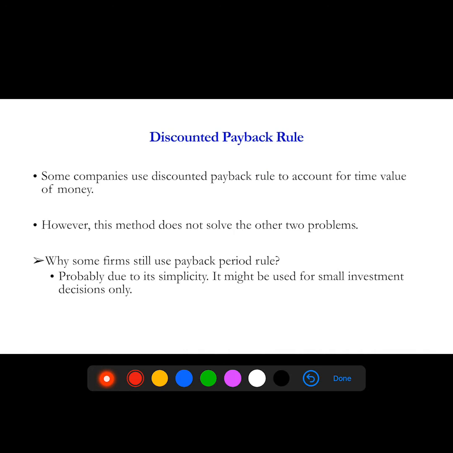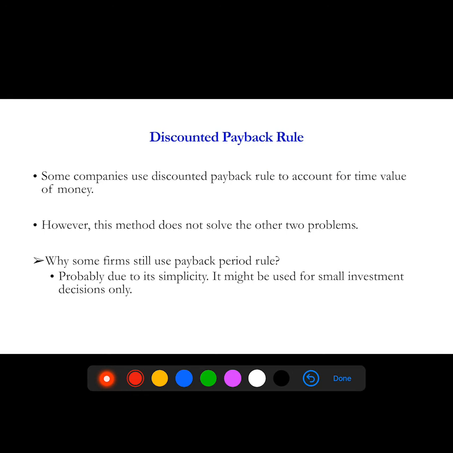But it could not solve the other two problems: first, the payback period is random, and also the payback rule ignores any cash flows happening after the pre-specified length of time by the firm. So because of those two weaknesses, this discounted payback rule is still not a reliable rule.